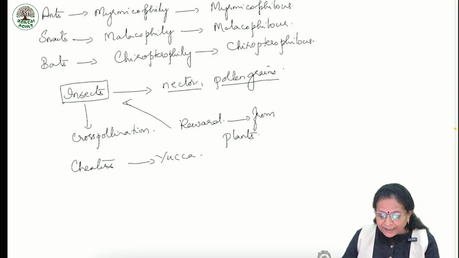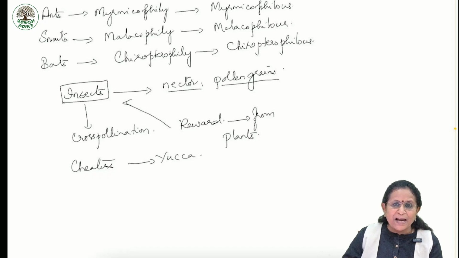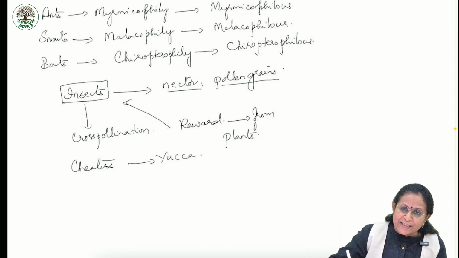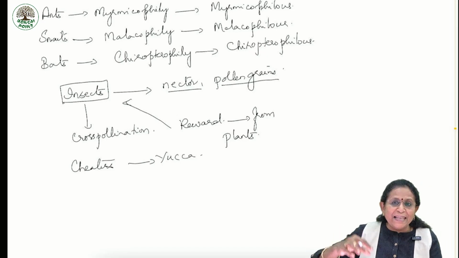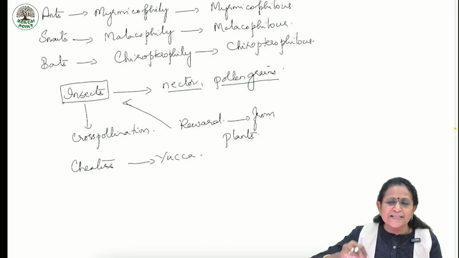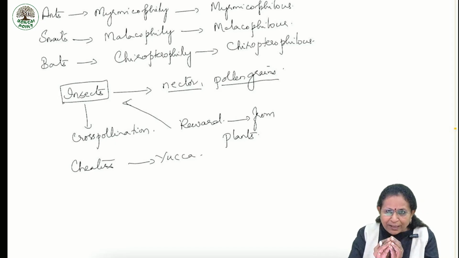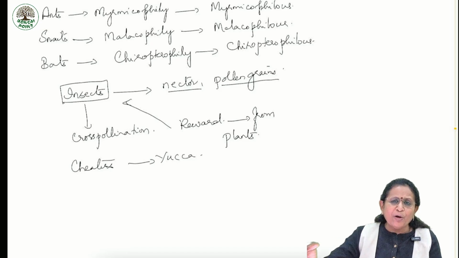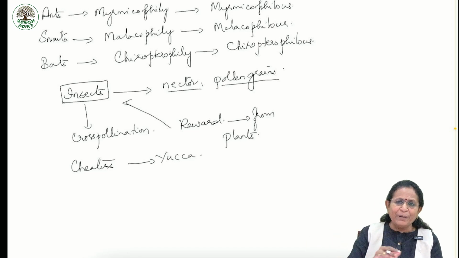What about in other cases? In other cases, the plants help them and protect them. How? The plant protects the eggs laid by the insects. In turn, the insects help in pollination. Now you'll be wondering, how will the insect help in pollination?